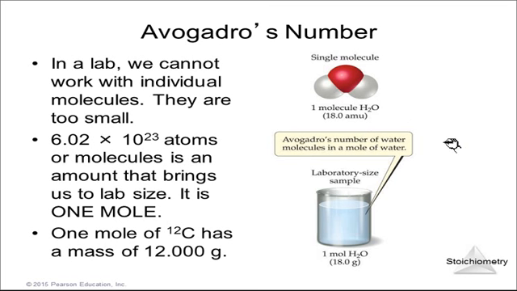In the lab, though, we don't usually work with individual molecules because they're just too small. So what we talk about is generally a mole of that thing. When we're talking about the formula mass, we generally work in moles.